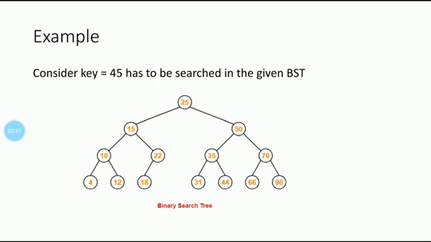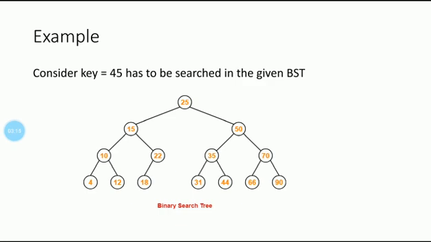For example, we are trying to find 45 in the binary search tree. As 45 is greater than 25, we search in the 25's right subtree. And as 45 is less than 50, we will search in the 50's left subtree. In the left subtree of 50, there is again a subtree containing three nodes: 35, 31, and 44.